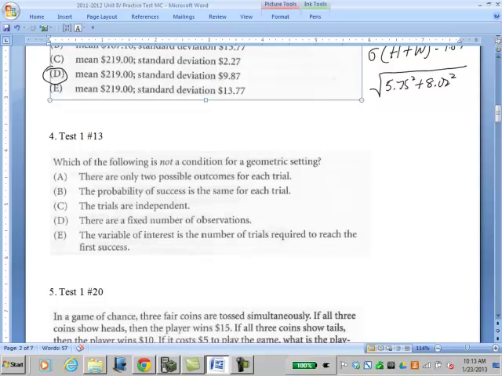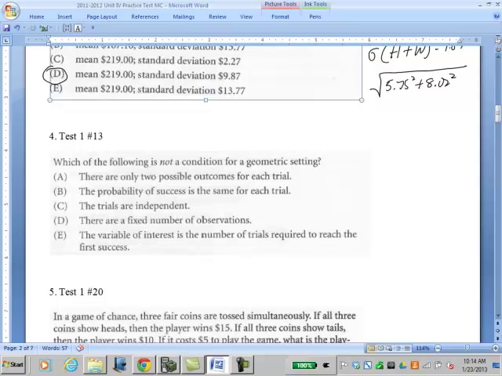B, a Bernoulli requires that the probability of success for each trial is fixed. Okay, so B is required. Bernoulli trials require that each trial is independent, so C is required. D, there are a fixed number of observations. That is not required. In fact, in a geometric trial, you could theoretically have an infinite number of trials.